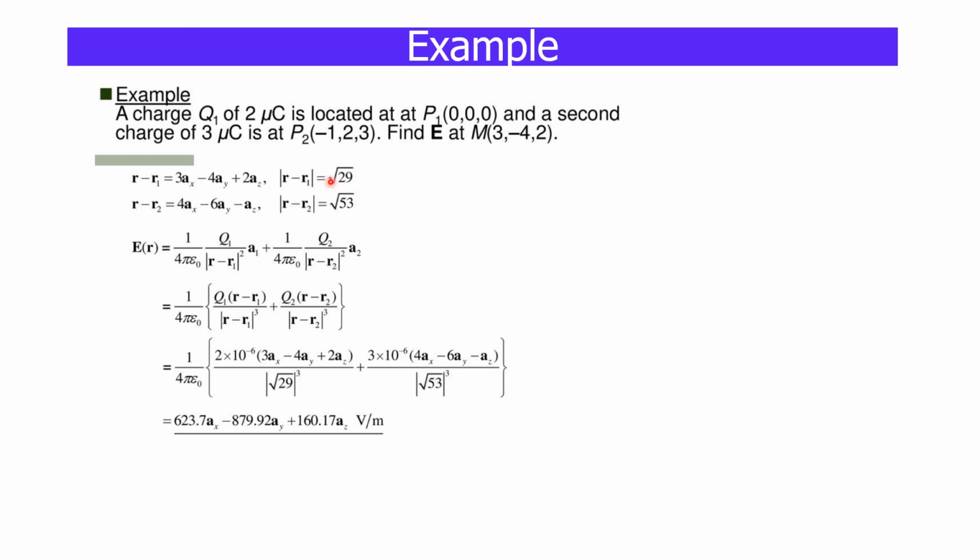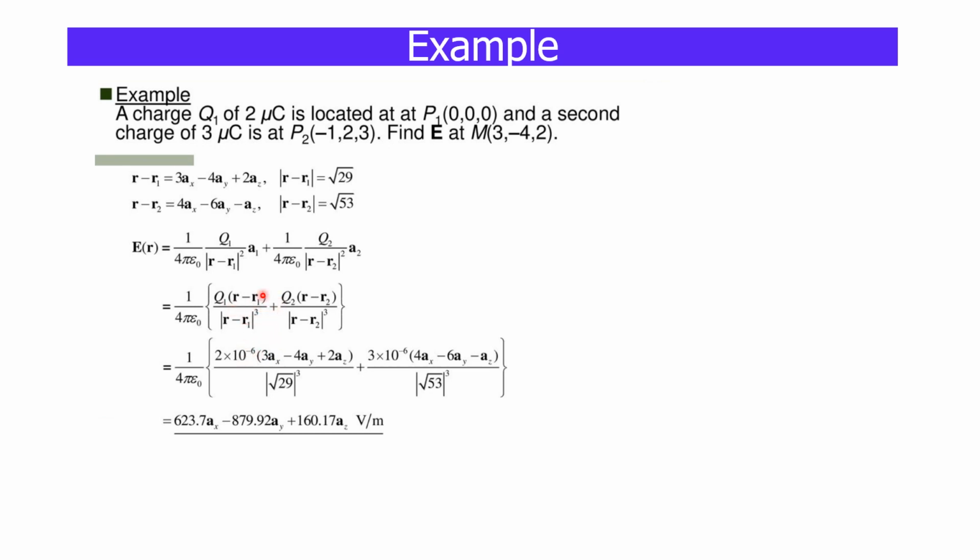If you substitute the values into the expression, we can calculate A1 bar by using R minus R1 divided by the magnitude of R minus R1. When we substitute this value, the expression can be simplified like this. It is just mathematical substitution.